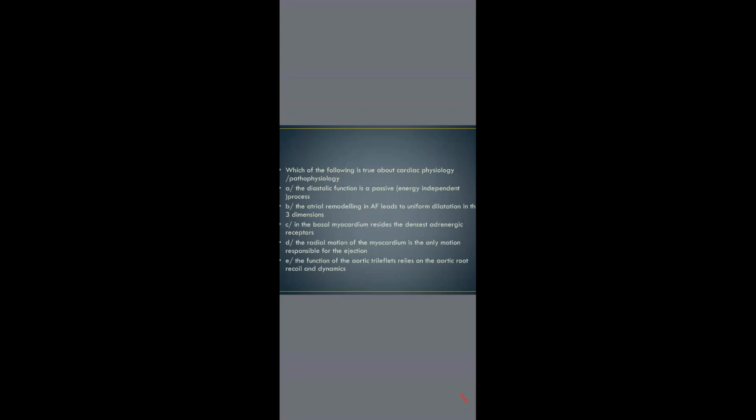So when the contraction finishes, that calcium has to be resequestered back into the stores. If it doesn't go back to the store, the contraction will remain and the relaxation will be difficult. So what takes calcium back is an energy-dependent process.